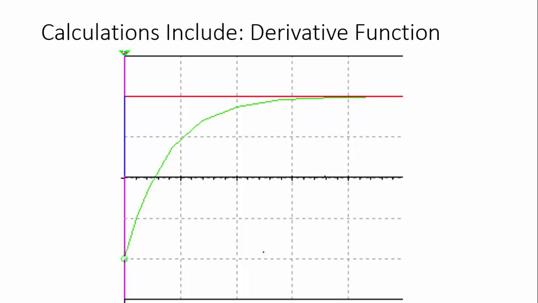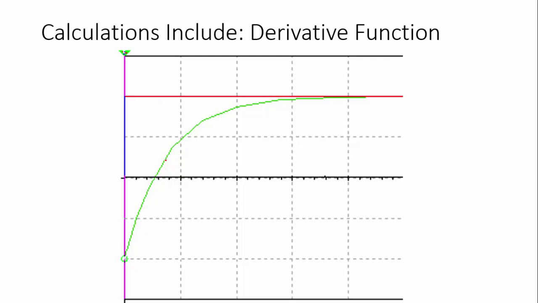So let's take a look at this graphically. Here I've got my same step change, with the process variable responding to that change. The derivative term is measuring the rate of change. How quickly is this process responding to this step change?